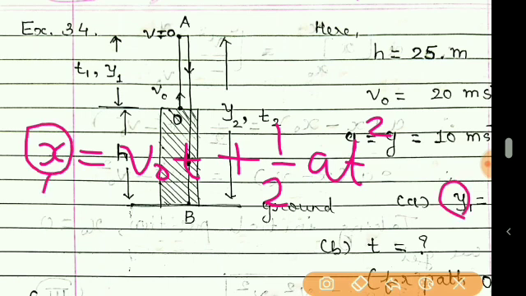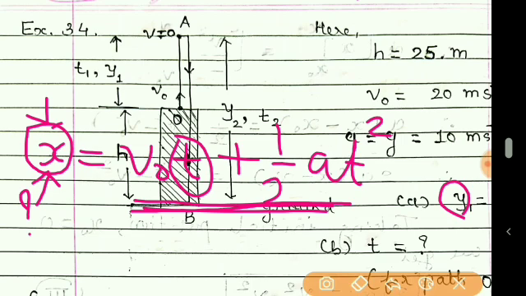So here this displacement is not given, this is to be obtained. So other things should be given. If all these other things are given, then we can easily find the displacement. But here this t is not given, and so we cannot use even this equation to find displacement y.